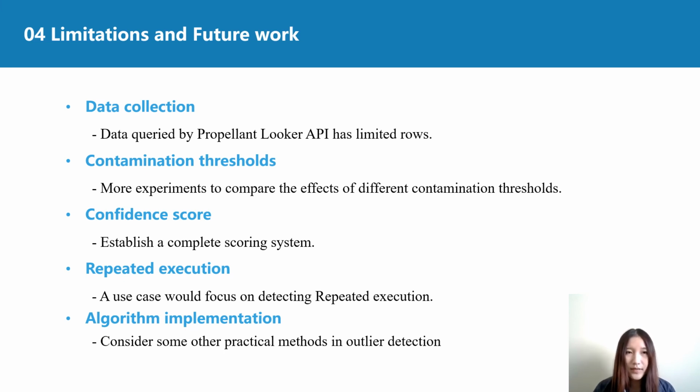Third, establishing a complete scoring system which can tell the researchers how credible the identified outliers are. Fourth, one more use case of repeated execution for bonds is worth considering in the future. Last, some other practical methods can be considered and combined in outlier detection in the bond market.